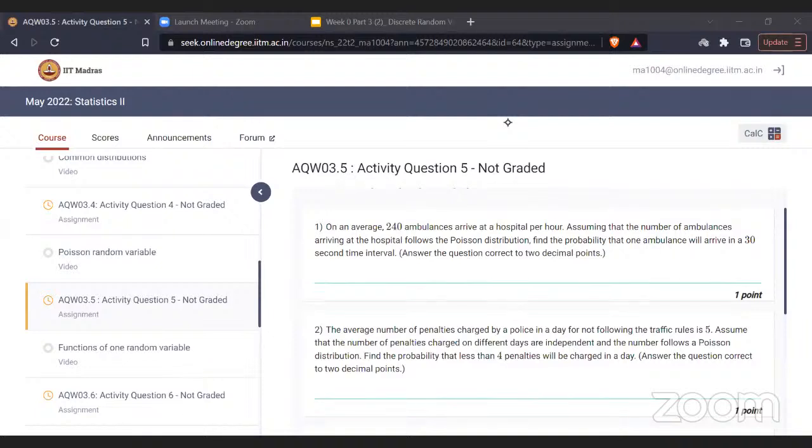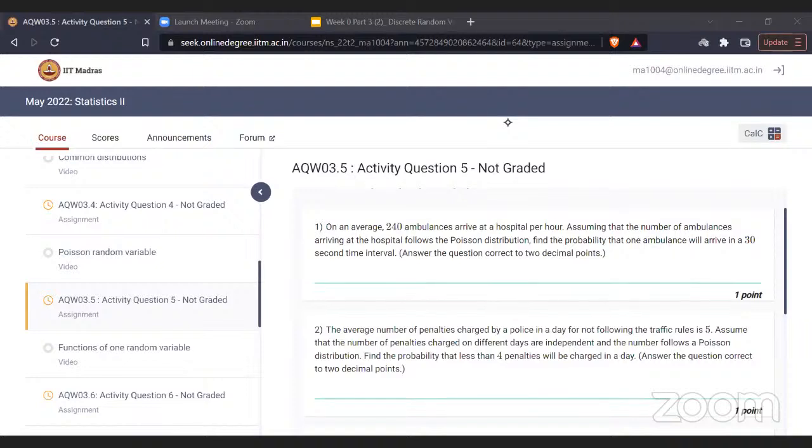So what is it that you have to find there? Lambda. Ma'am, the probability that one ambulance arrives in a 30-second time interval.